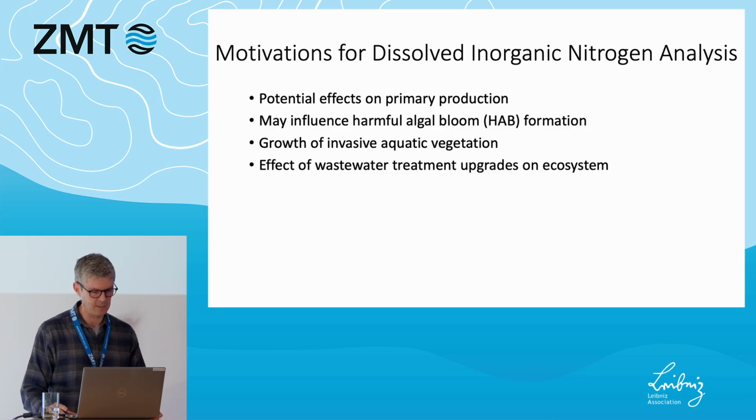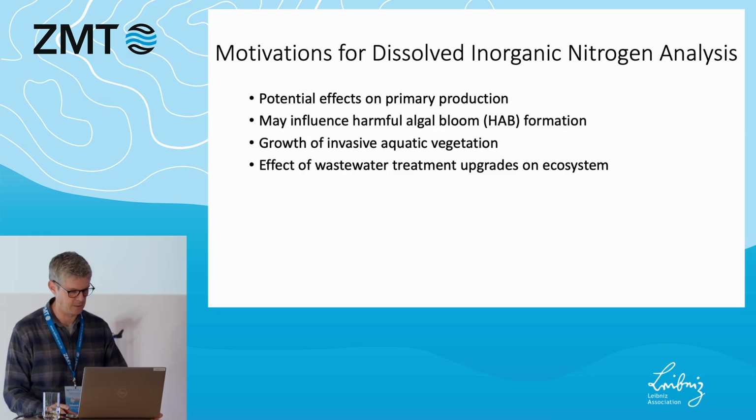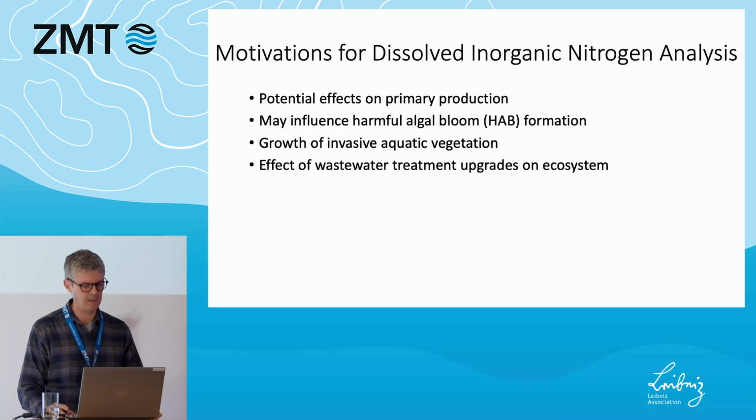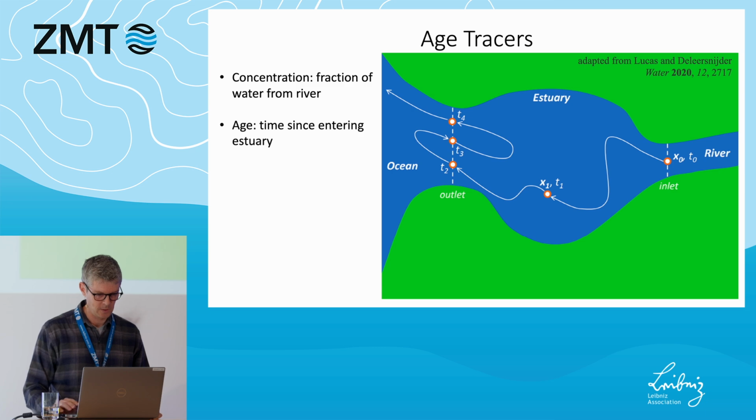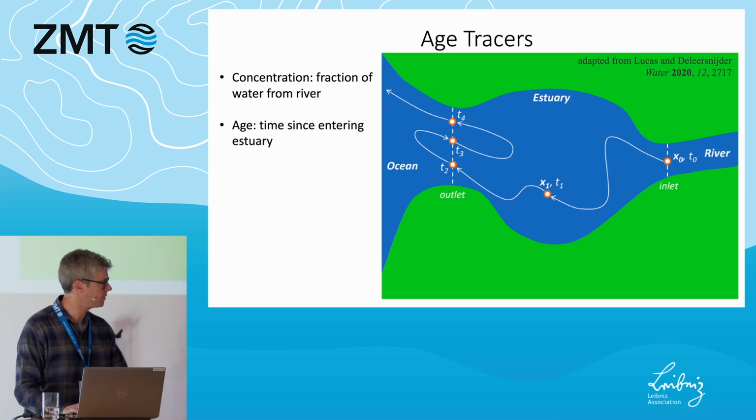We have a lot of invasive aquatic vegetation, which may both affect nutrients and may also be limited by availability of nutrients. And the context of this is there's a really large wastewater treatment upgrade of the main source of dissolved inorganic nitrogen to the estuary, where they removed a lot of the nitrogen, but also shifted the form from ammonium to nitrate.